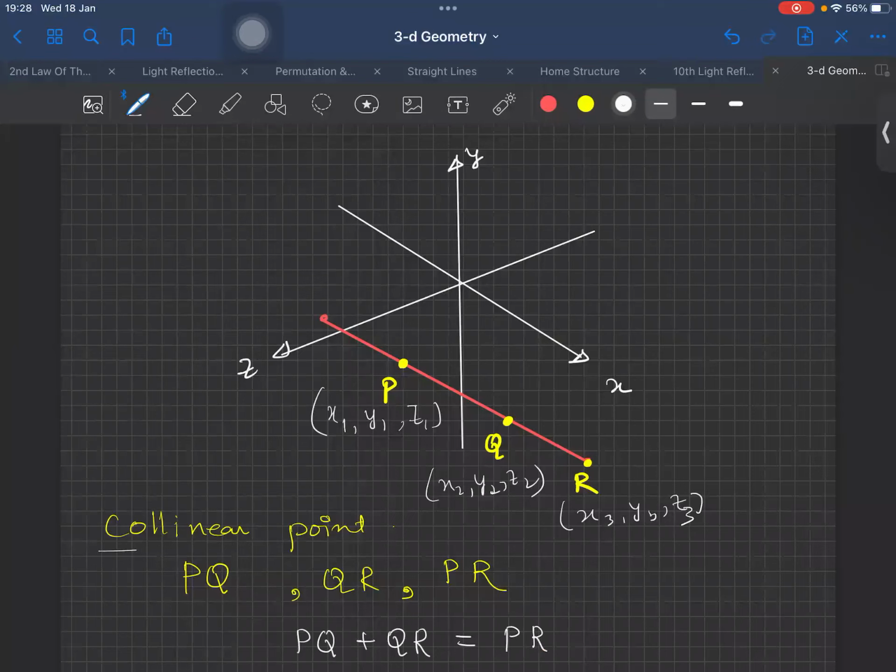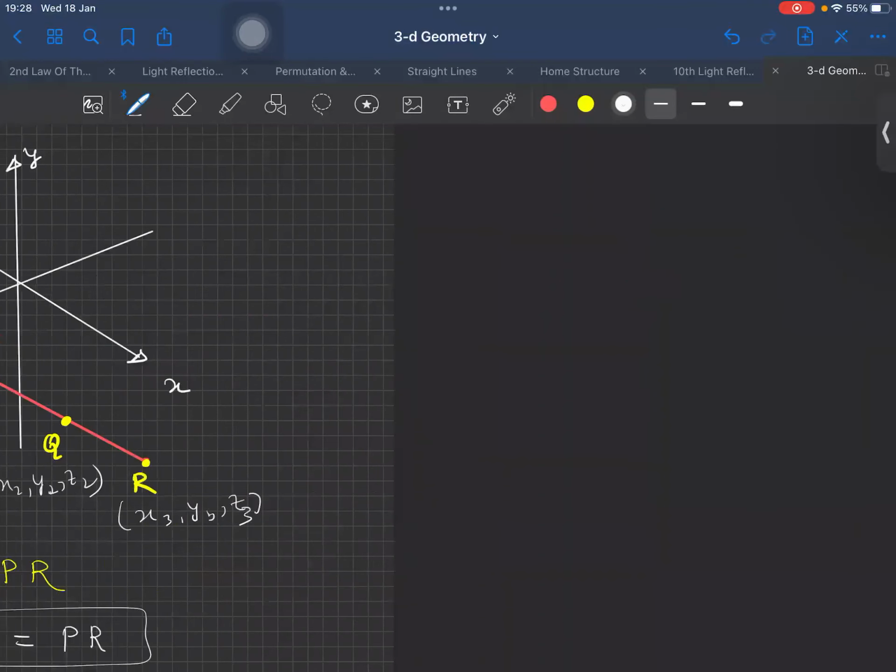Otherwise, the points will not be collinear. Got it? So using the distance formula, we can find PQ, QR, and PR. Okay, let's move ahead.